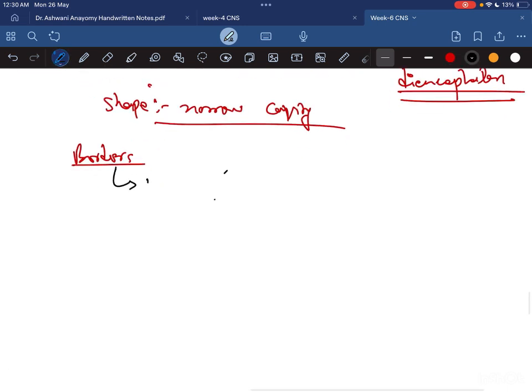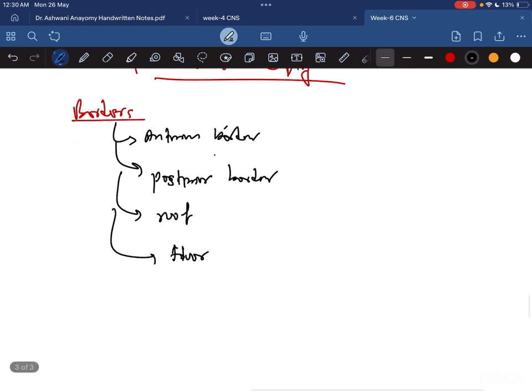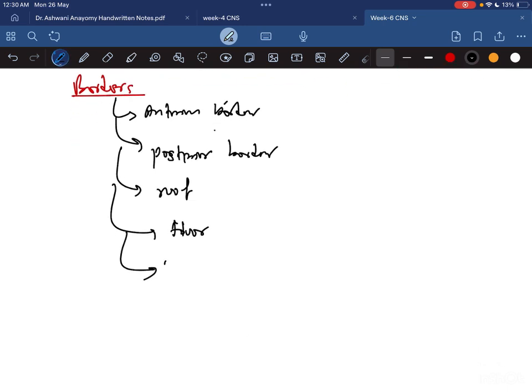There is the anterior border, then the posterior border, then there is the roof and floor, and then the lateral wall. There is no medial wall.